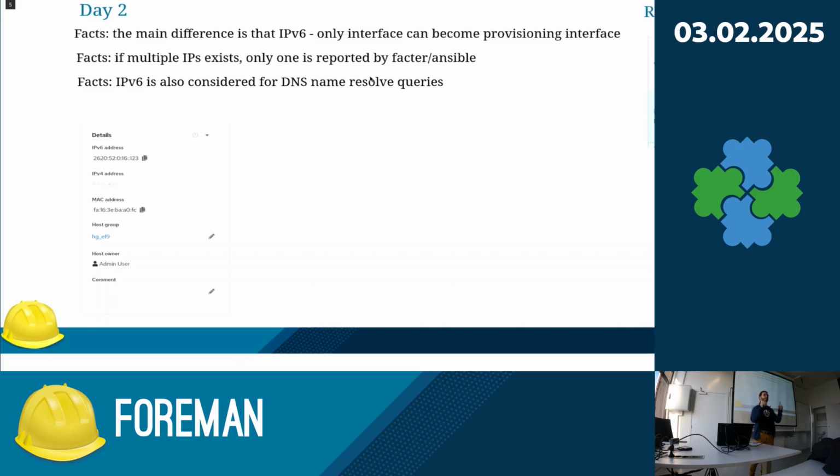And so if you have that correlation, it means that the interface can be selected as a provisioning interface. So now the IPv6 field in the interface is also considered. If before that we were trying only IPv4 addresses, now we actually try both IPv4 and IPv6 addresses.